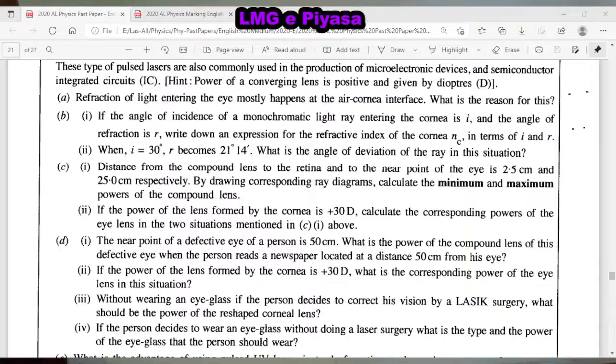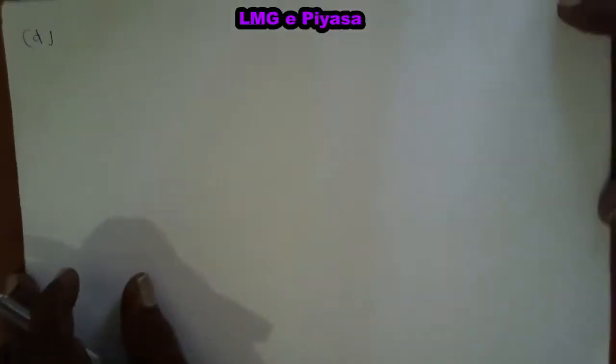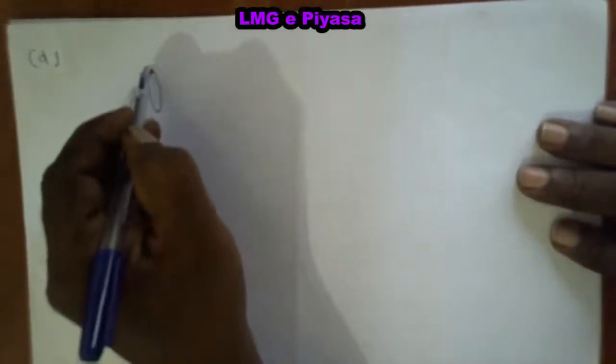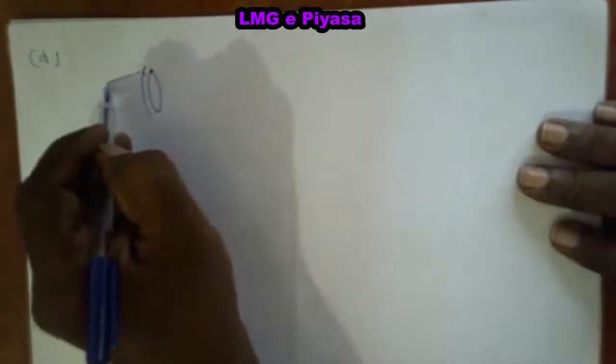So the defect is long-sightedness. Then how do you find the power of the compound lens of the defective eye when the person reads a newspaper at 50 centimeters? He can see only objects at 50 centimeters.